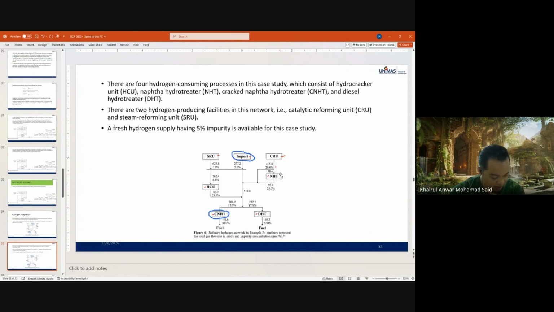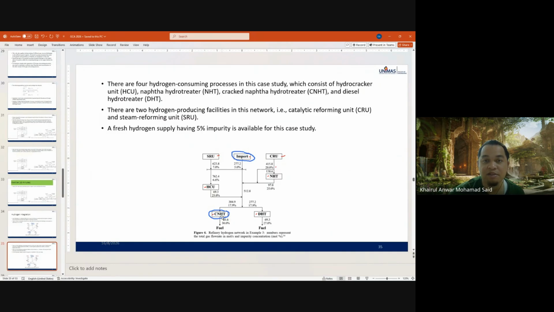They reuse and recycle the hydrogen. Then a diesel hydrotreater DHT, and the CNHT hydrotreater.